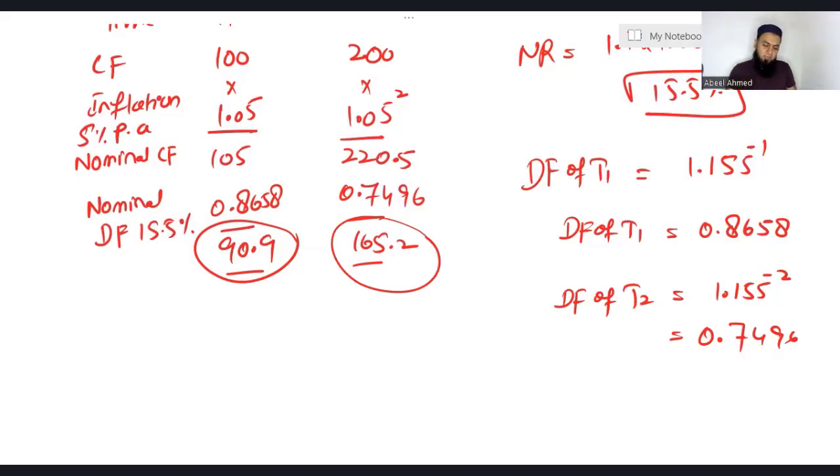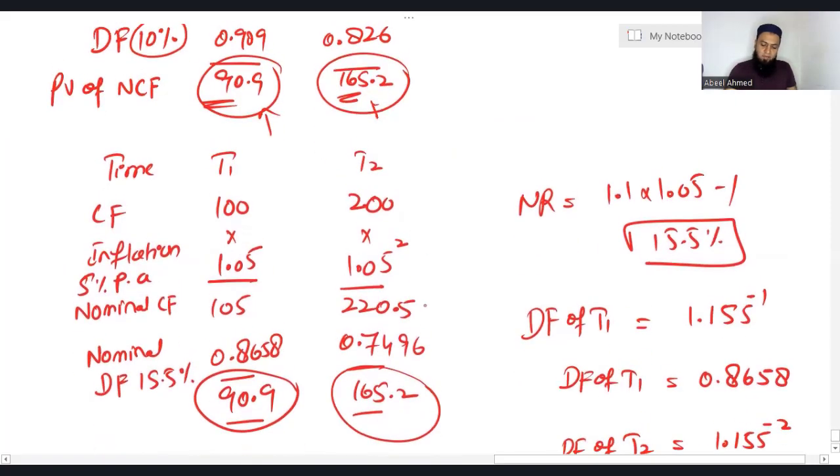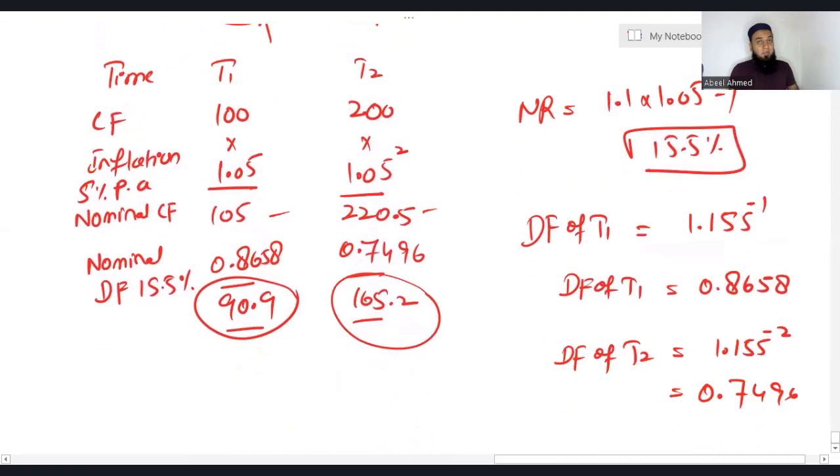Repeat, you can see over here: this is in real terms, present value. Now we have nominal cash flows and you can see the present values. So when there's a single inflation rate, either way the NPV will be the same.